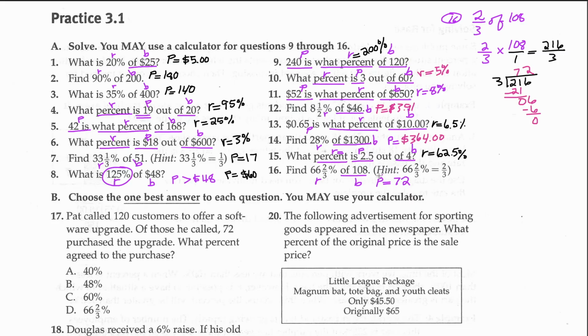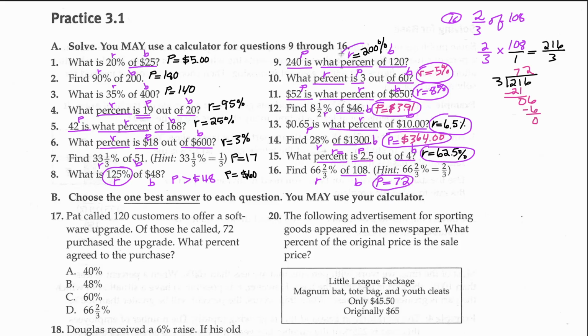Okay, so P equals 72, R equals 62.5%. P is equal to $364. R equals 6.5%. P equals $3.91. R equals 8%. R equals 5%.